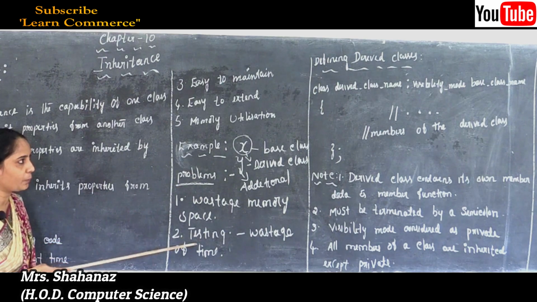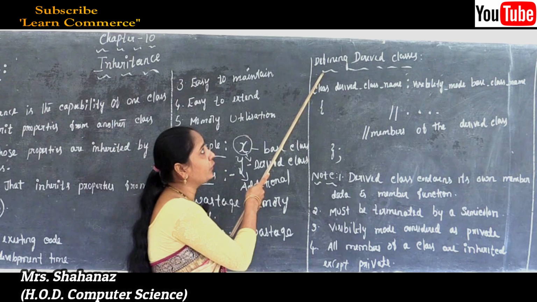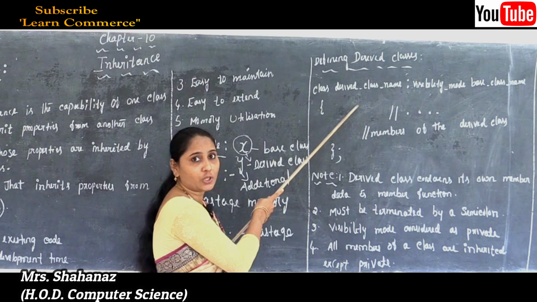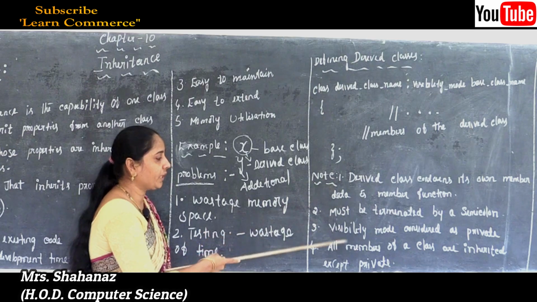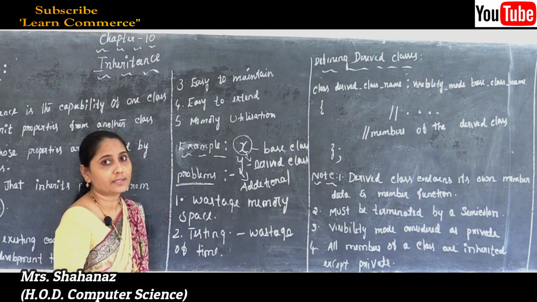So all these are the problems, and later I went through defining the derived class by using one syntax, whereby the features of the base class are inherited to the derived class. And next, some important notes about defining the derived class.